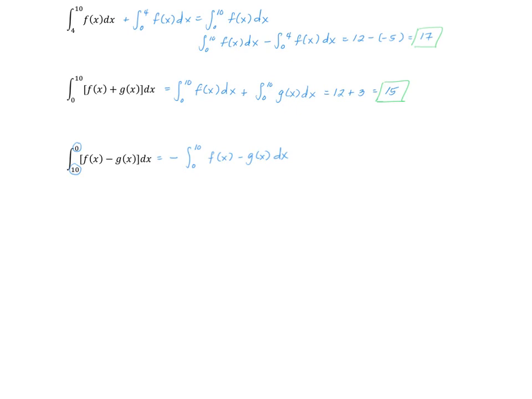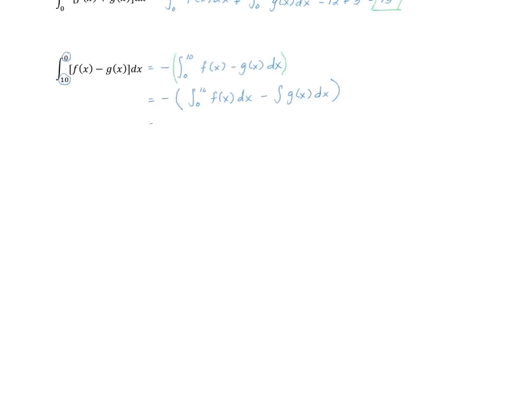Okay, something I do have to keep in mind is that this negative applies to this whole integral. So if I use property number 4 to split this up, this is going to be a negative, in parentheses, the integral from 0 to 10 of f of x dx minus the integral of g of x dx, all in parentheses, which gives me negative, 12 minus 3.